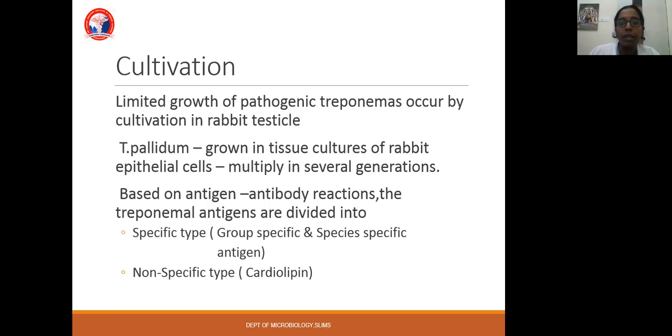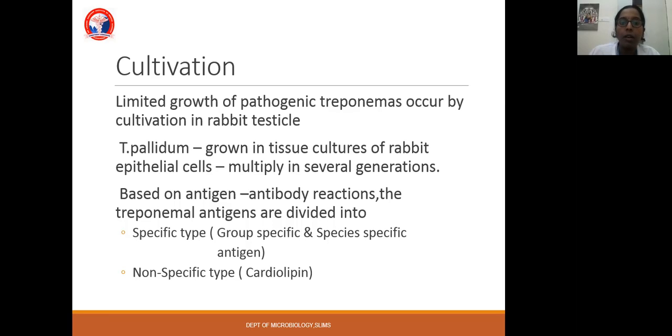So how can you cultivate these treponemes? Like the other organisms, it's very difficult; they have limited growth. Usually you can use animal inoculation, where you can grow them in the testicle of a rabbit. Treponema pallidum grows only in tissue cultures of rabbit epithelial cells.